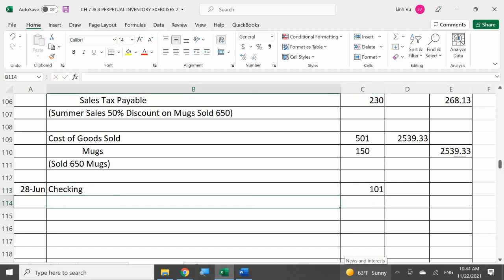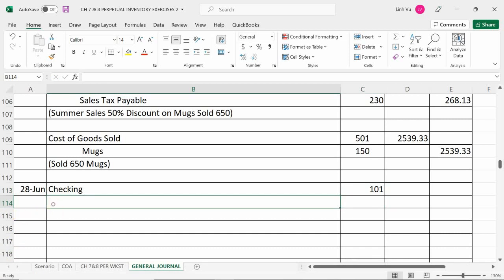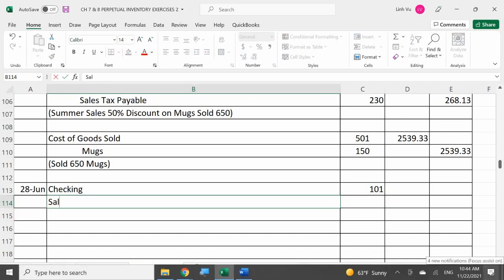In this case, we have a sales discount because we gave him a 10% discount. We have sales, and we have sales tax payable. We've got to charge tax.